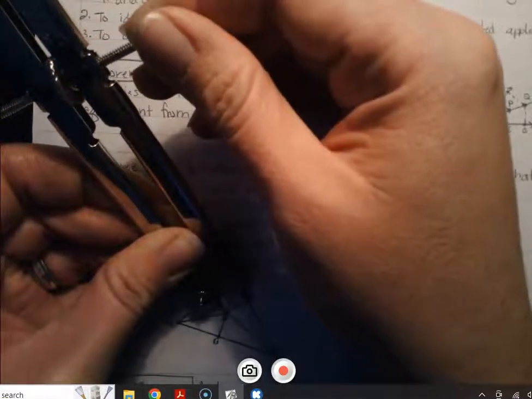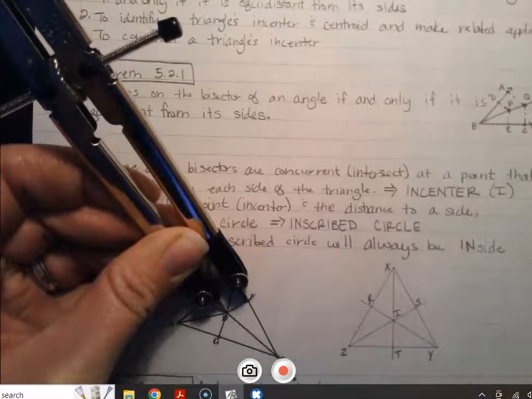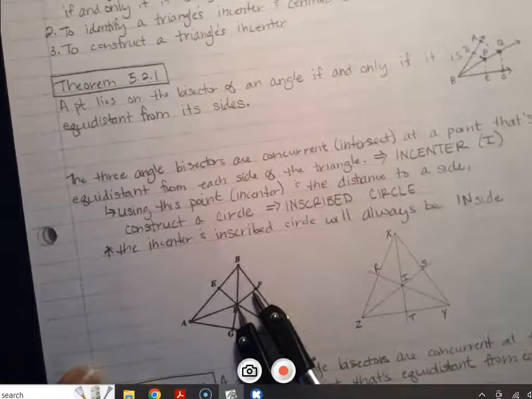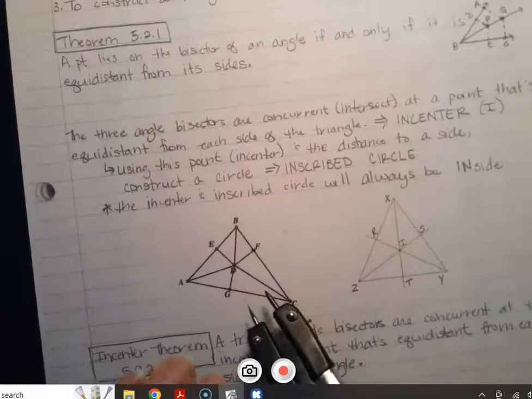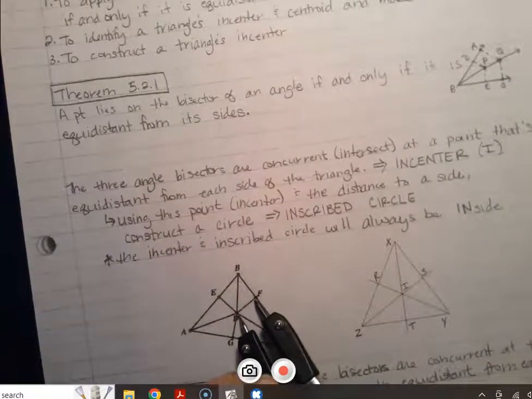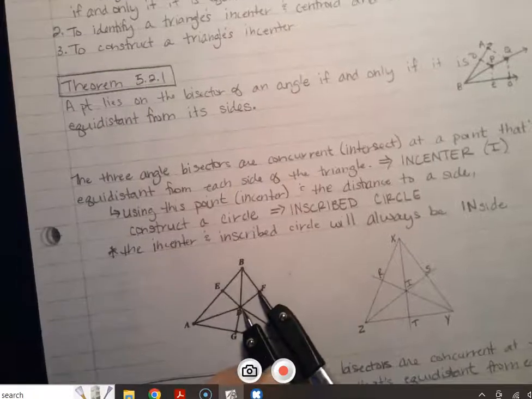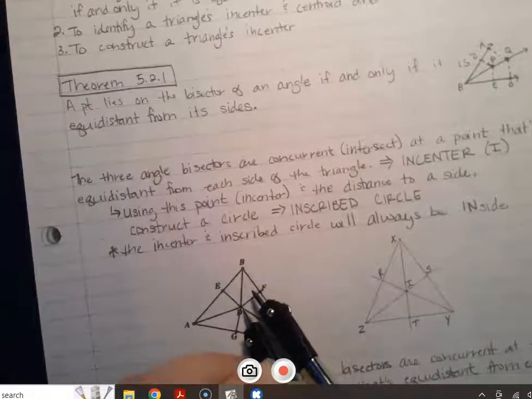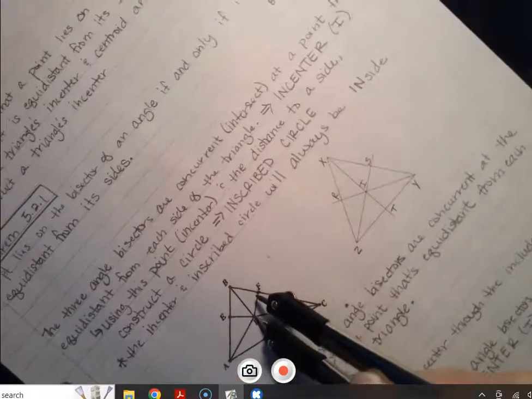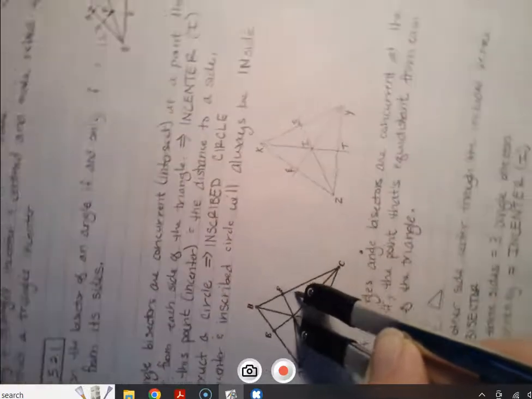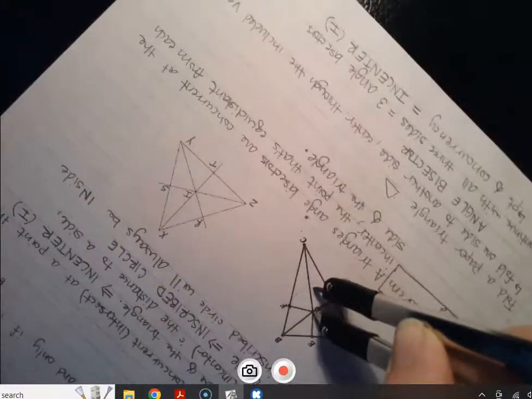So if you take that measurement, let me turn this. I'm measuring from the center to one side. If I could get it lined up again. Oh, I need to make mine a little bigger. Okay, and then we want to inscribe the circle. So we're going to see if we can make our circle in there.